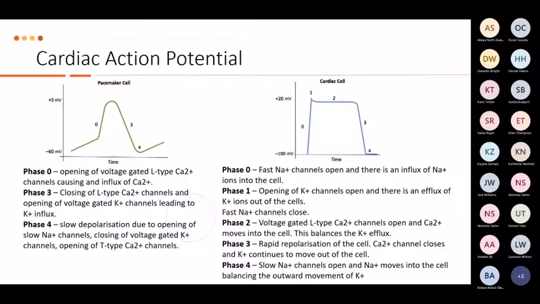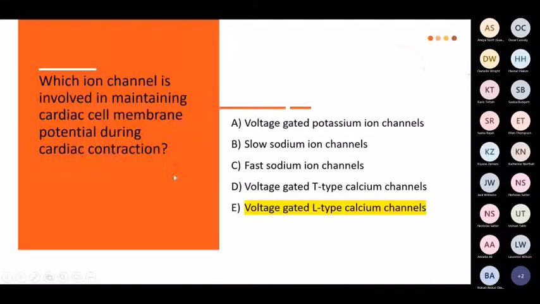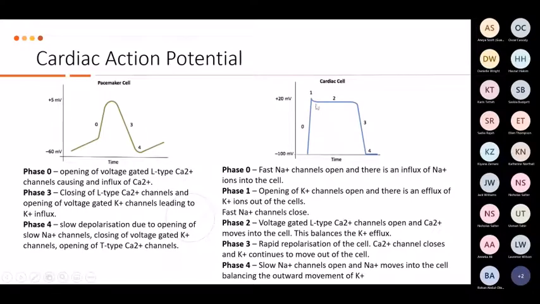So you've got your pacemaker cells and your cardiac cells as well. The question here was asking about during contraction. This is what's maintaining that contraction and allowing the muscle to continue to contract, so it's the L-type channels. That's this phase here.